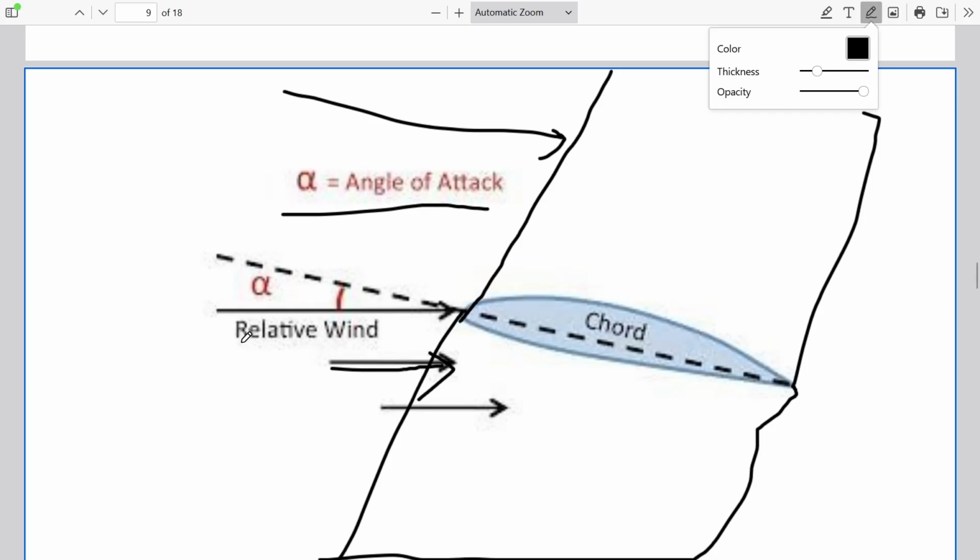This line is your chord length. The angle between the chord line and the direction of your velocity is alpha. So this will be the angle of attack.